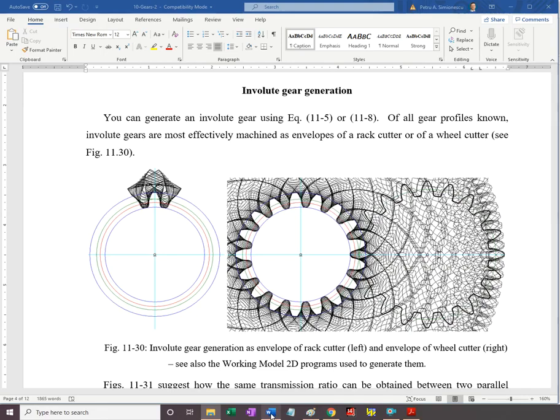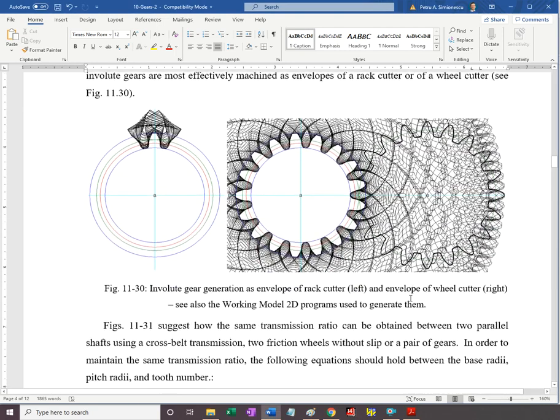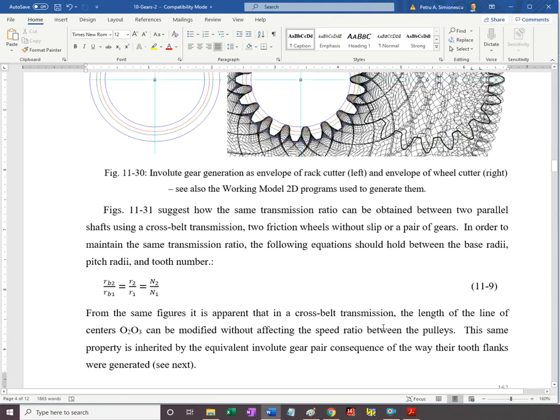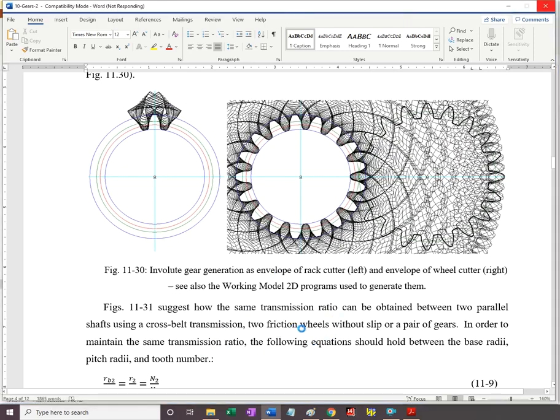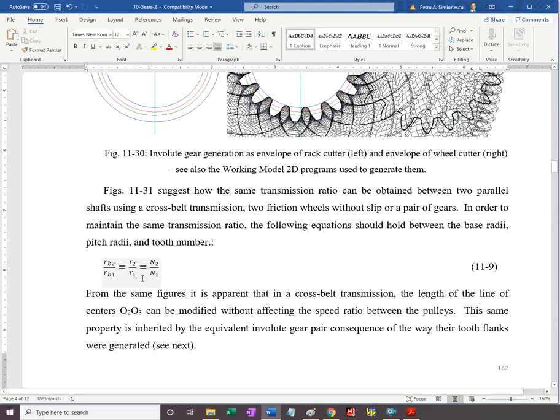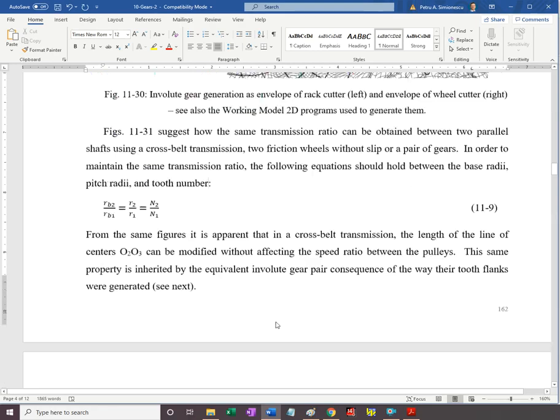Okay, so back to the printed notes. Transmission ratio between gears, we know it's the ratio of the number of teeth. But it's also equal to the base circle radii ratio and the pitch circle radii ratio.